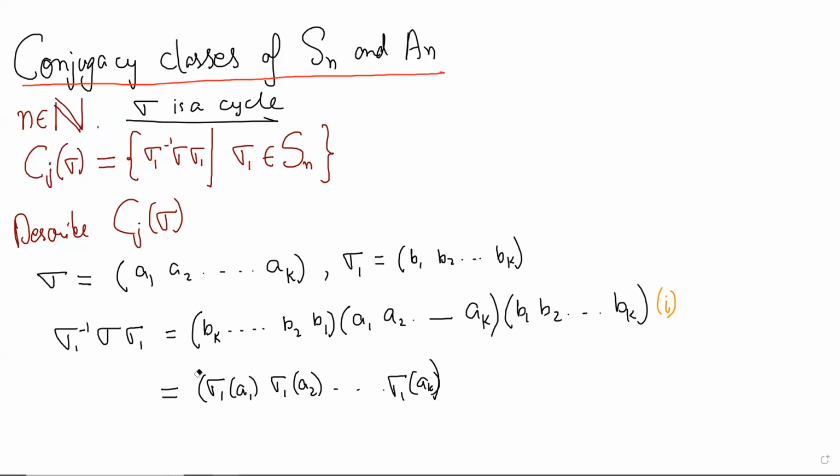Once you write the answer, it maybe becomes simpler, but let's just do it like this. So when I comes, where does I go? So this one goes to sigma 1 I.